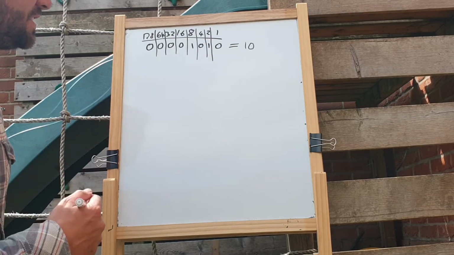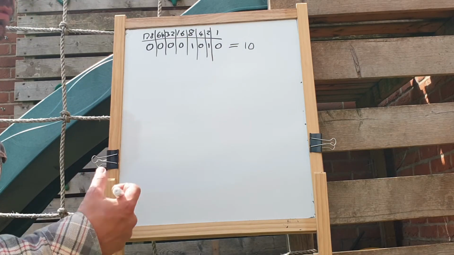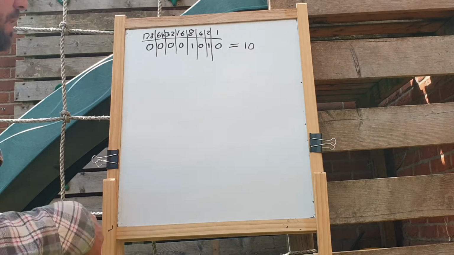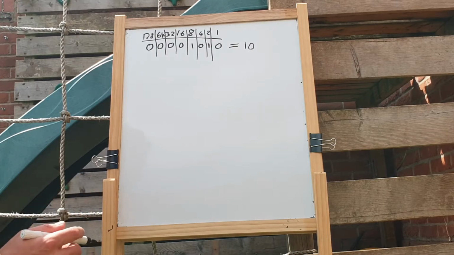So we've got hexadecimal. Now hexadecimal is a base 16 number system. So we've got decimal, which is base 10, binary, which is base 2, and now we're talking about base 16. So we've got 16 possible numbers that we can use.